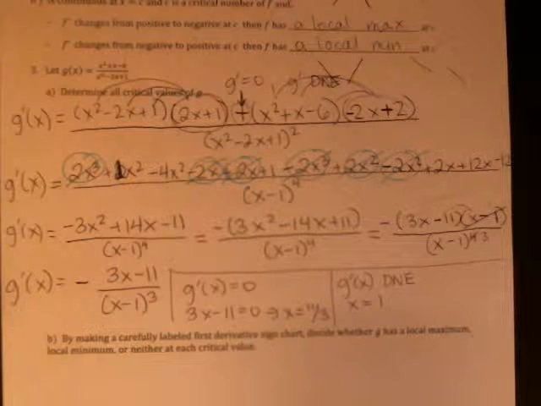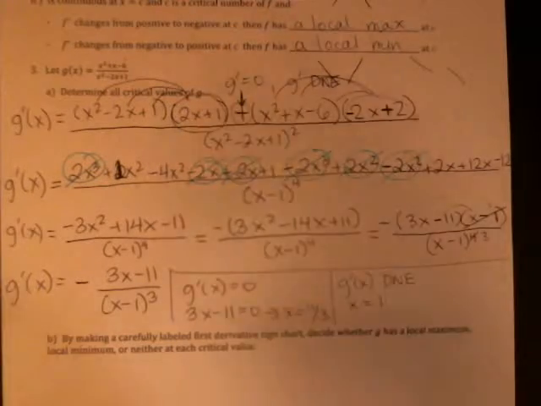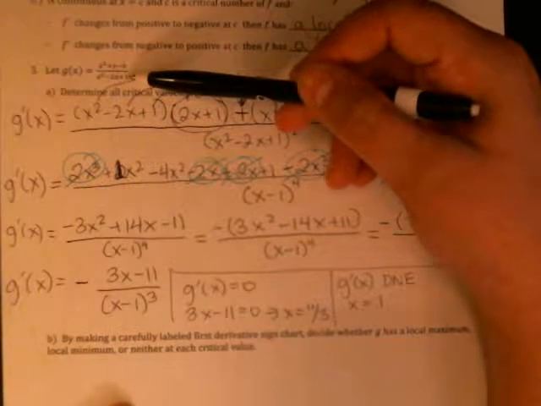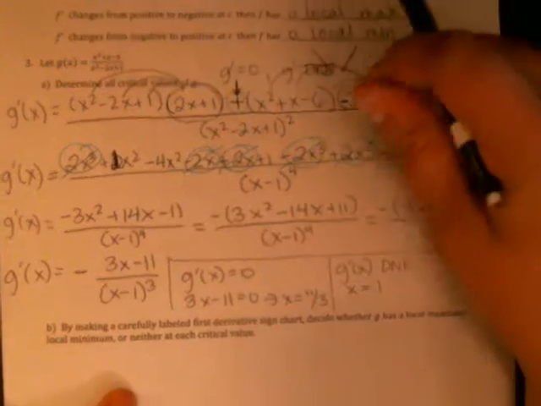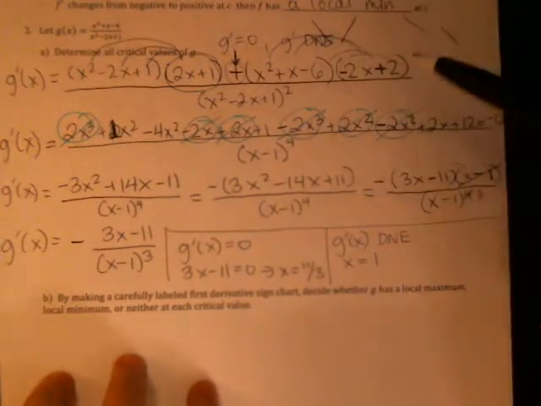So if you figure out that the derivative is undefined, which is the tricky one, you want to go back and make sure that the function isn't also undefined, because if the function is undefined, then there's a hole or an asymptote or something like that, and there's no way that there's going to be a maximum or a minimum at an asymptote or a hole in the graph, so that would mean it doesn't count as a critical value. And that's actually exactly what's going on in this function. If you plug the 1 back in here, you get undefined as well.